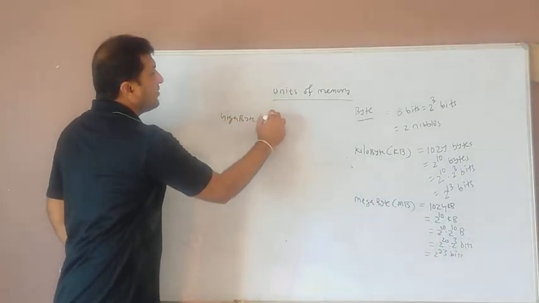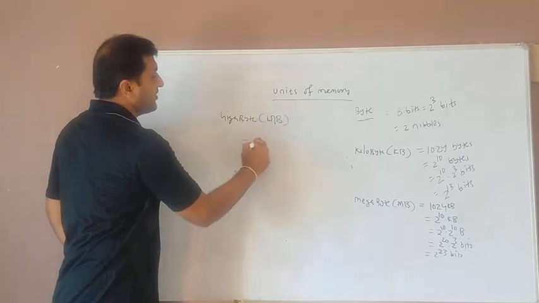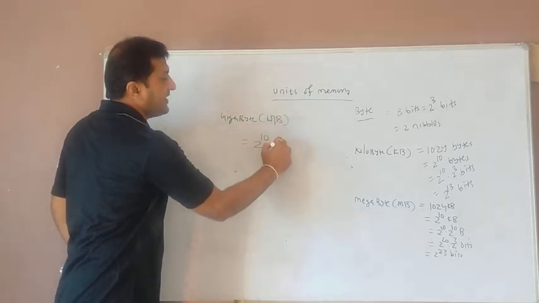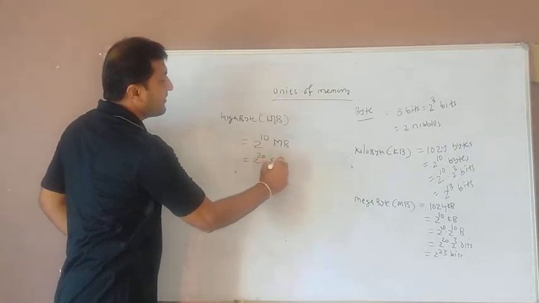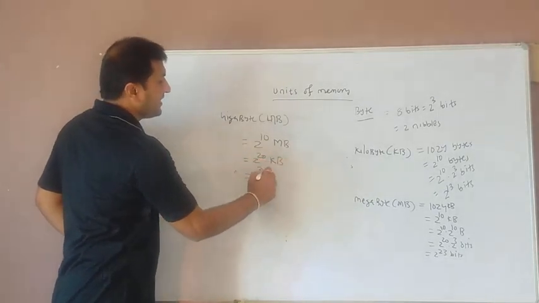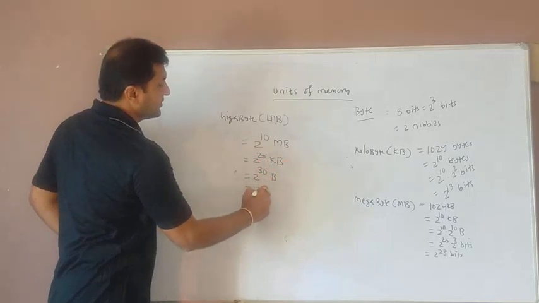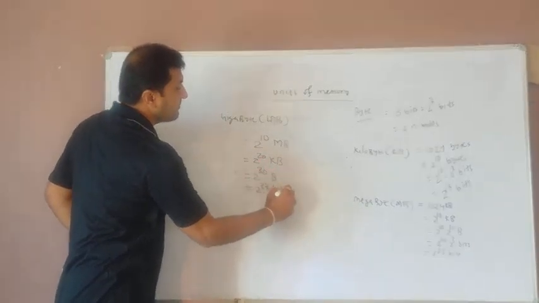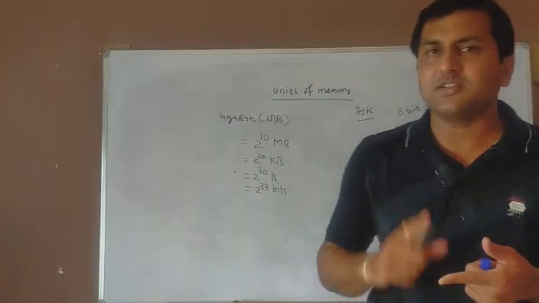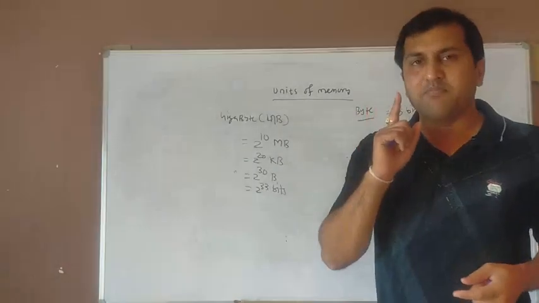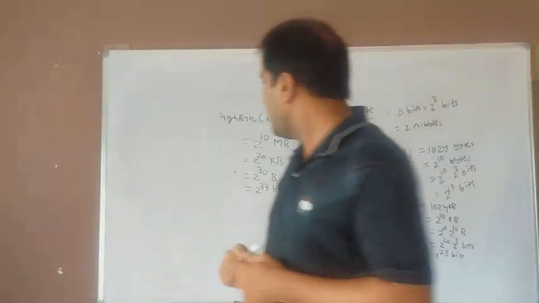The next higher unit is gigabyte. 1 gigabyte, 1 GB. 1 GB equals 2 to the power 10 MB, 2 to the power 20 KB, 2 to the power 30 bytes, 2 to the power 33 bits. So 1 GB of memory represents 1024 MB of memory.